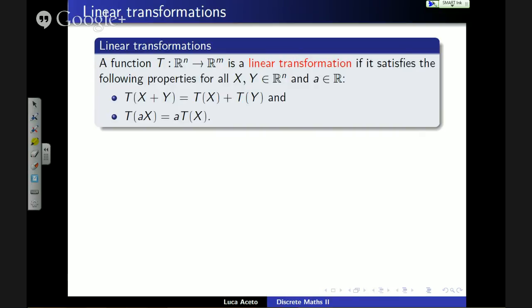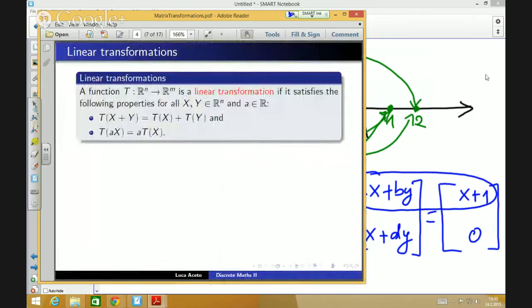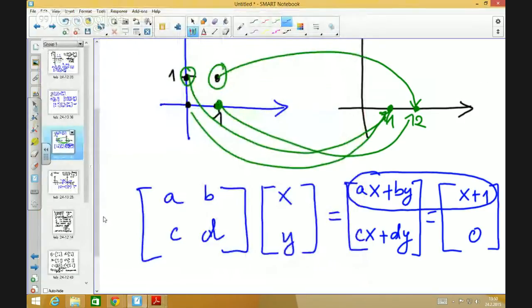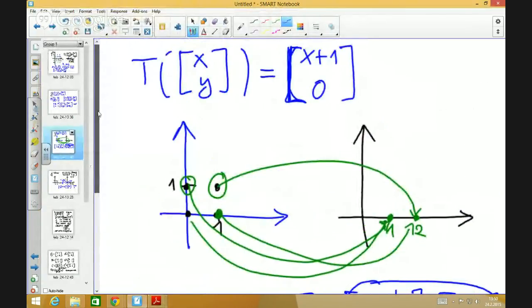So let's look at some of the examples that we had before. In particular, the last one. The one where I claimed that this function perhaps is not induced by a matrix. In fact, it is not induced by a matrix. But is it linear? Let's see.